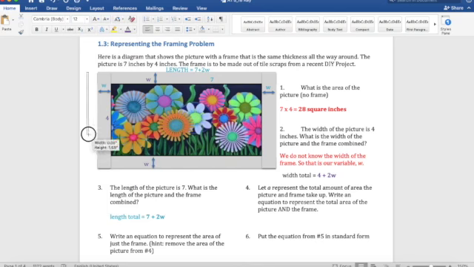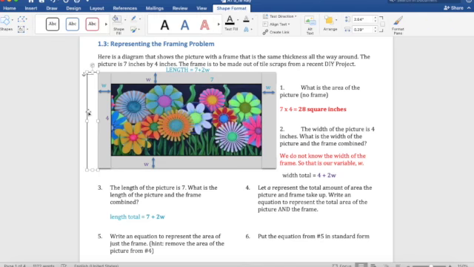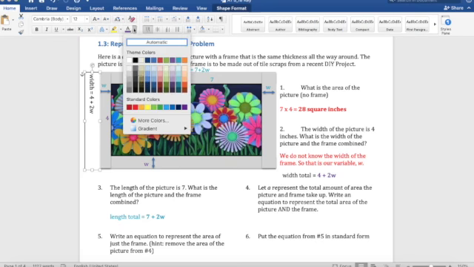So the entire width, the vertical one, is 4 plus 2W. I'll make that a little bigger so you can read it. All right, so there are our expressions.